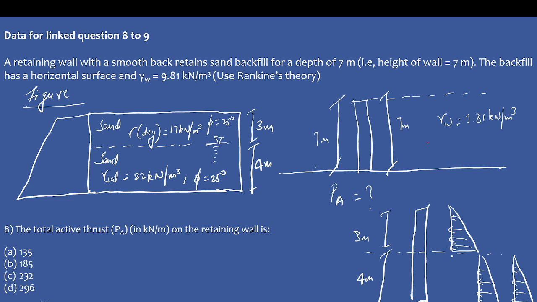So basically this is your K gamma h, and K gamma 1 h1, this is again your K gamma 2 s2.